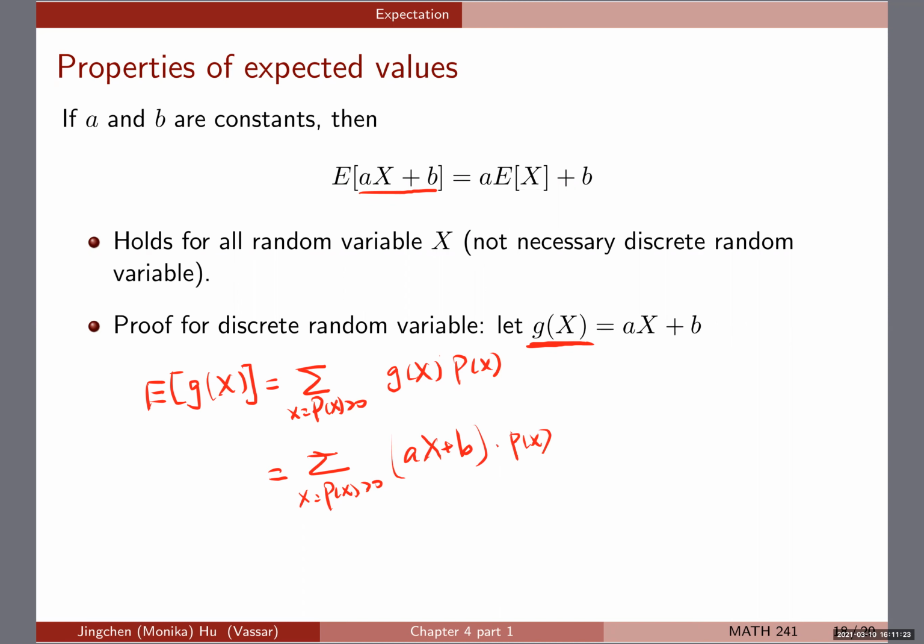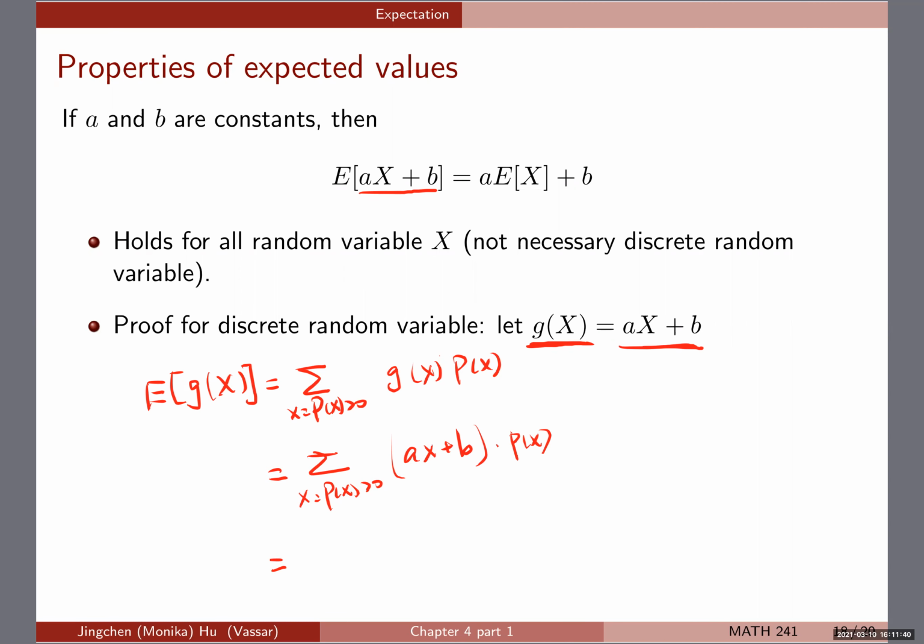By the way, let me make it super clear: all of these are small x. Yes, the random variable is capital X, but once we're looking at specific values it can take, we're using small x over here.